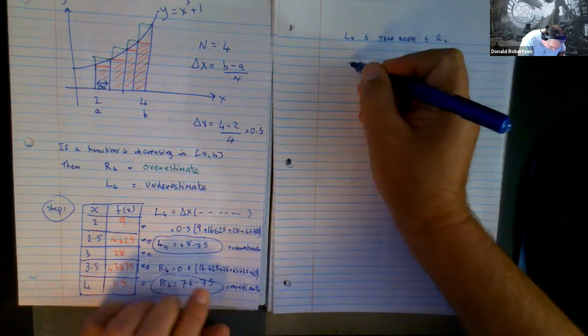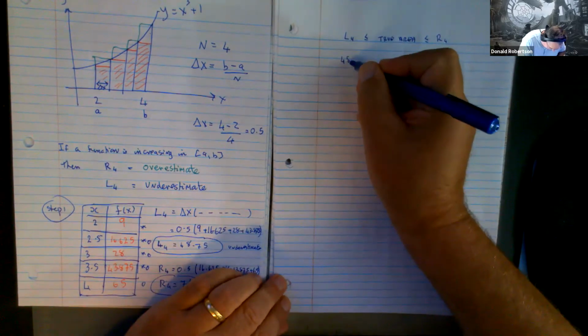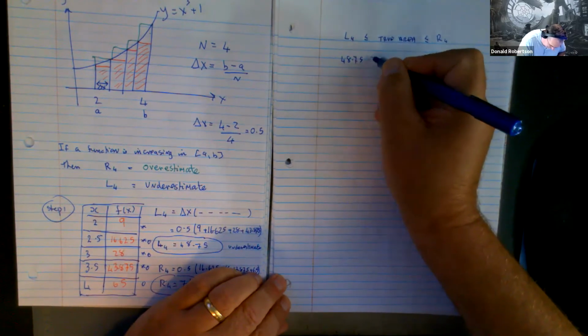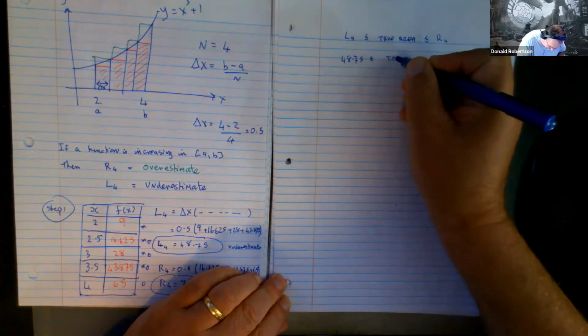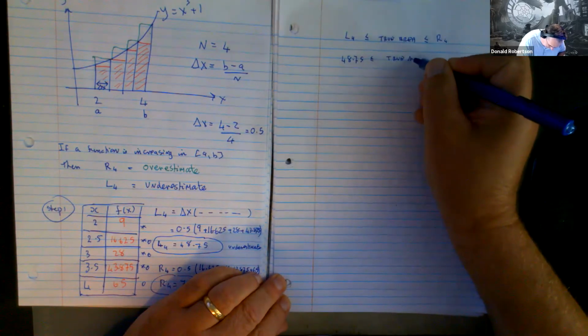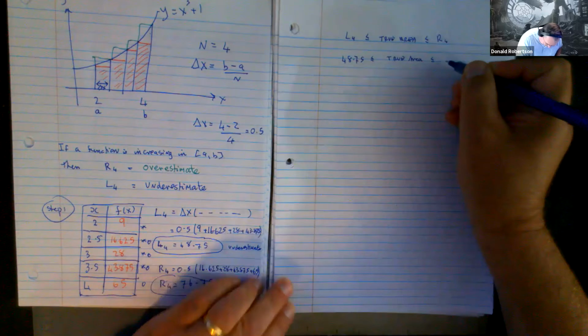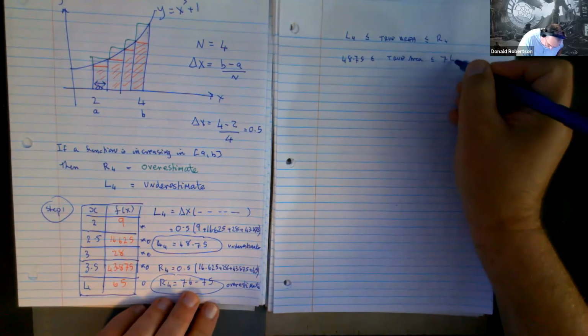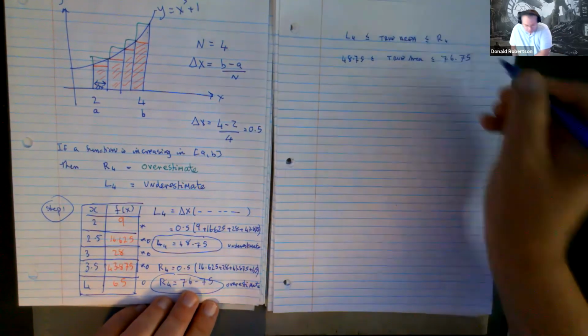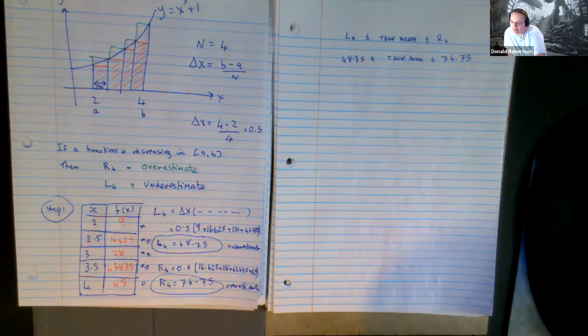So it's somewhere in the region of 48.75, and it could be anywhere up to 76.75. Are we comfortable with the logic of why that makes sense? Why we're allowed to say, I don't know what the answer is, but I can guarantee it's definitely between these two guys.